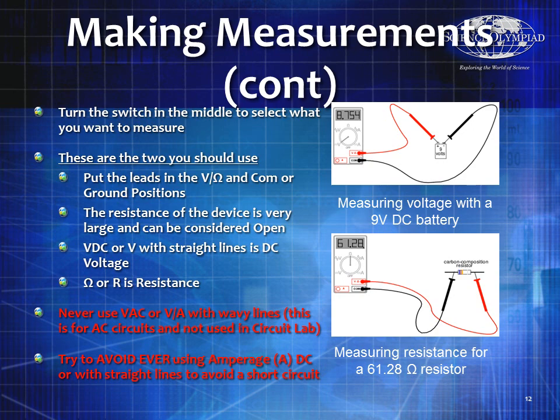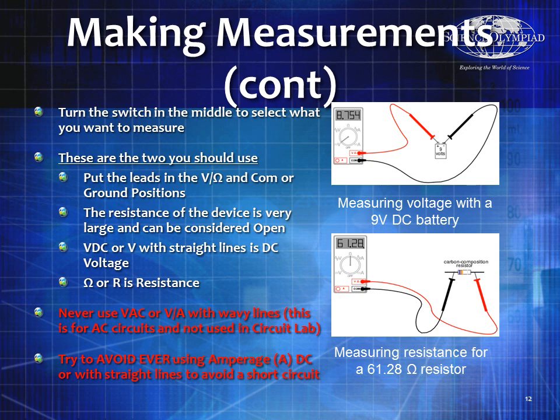Okay? Never use voltage AC or measure voltage amperage DC. Or amperage AC, because you're not going to be doing AC circuits. That's not allowed. AC, as we covered last time, is a little bit more dangerous.